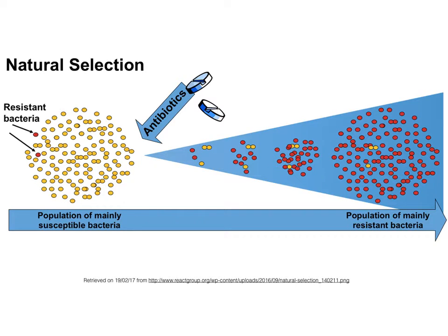Therefore, the small group that will actually survive will be more resistant to antibiotics, and with reproduction, with heredity, and with time, the result will be a population of mainly resistant bacteria.